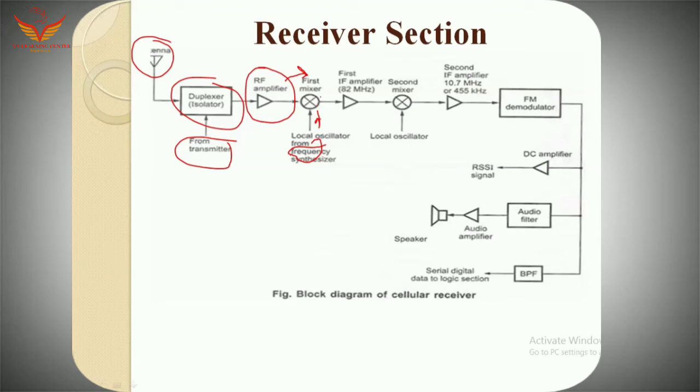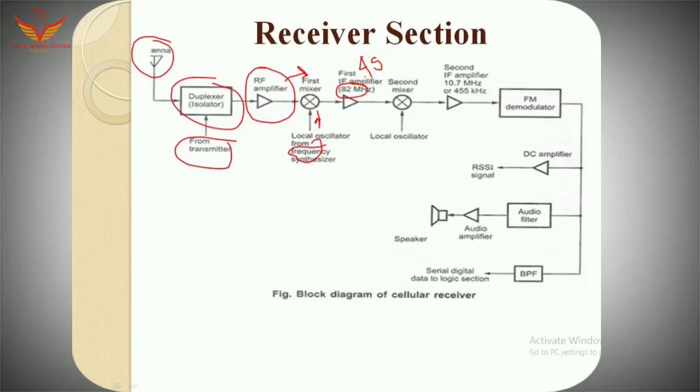The first mixer will down convert the incoming signal to produce the first intermediate frequency, which is equal to 82.2 megahertz, or for some other receivers it is 45 megahertz.